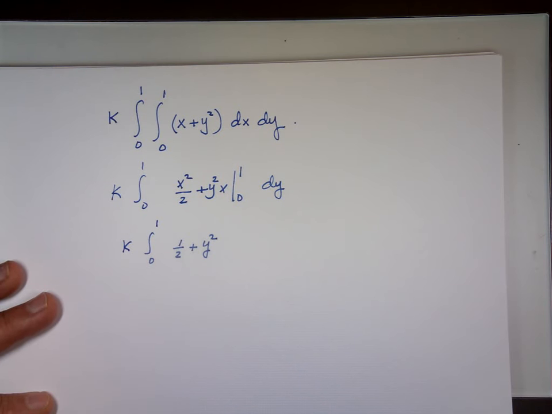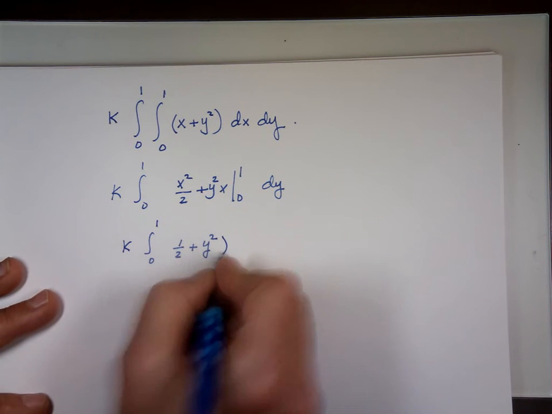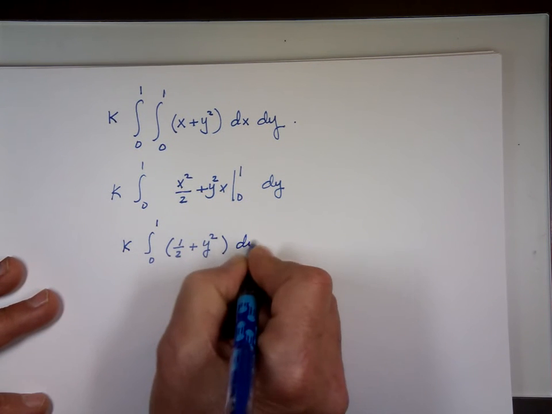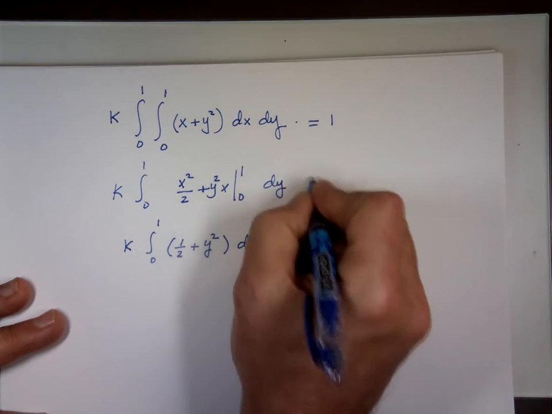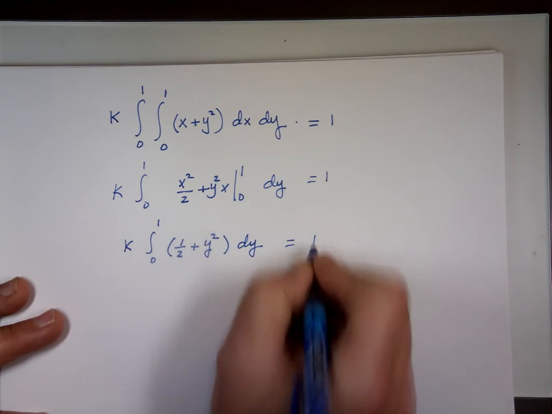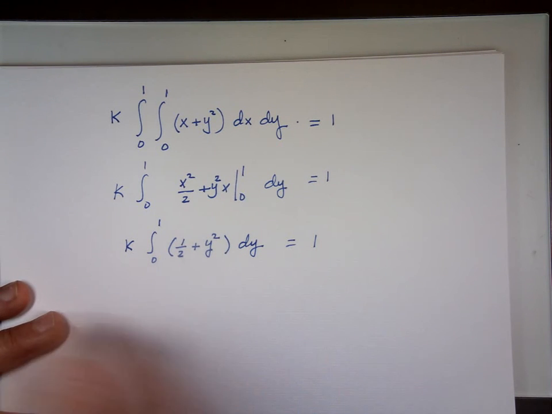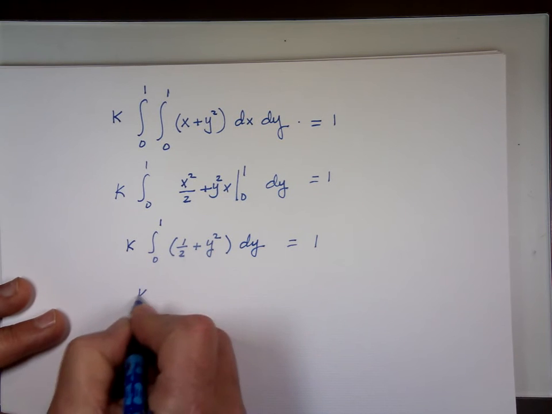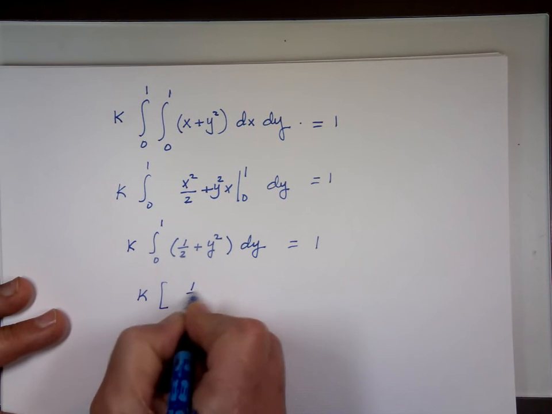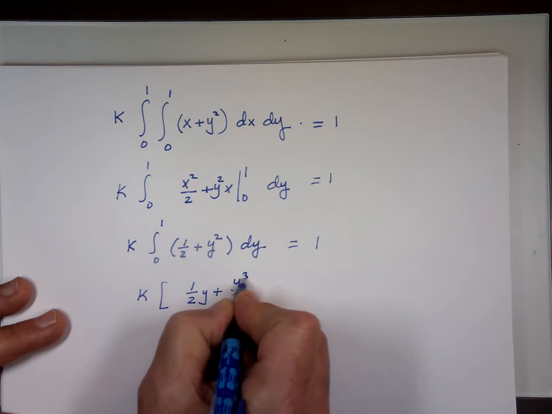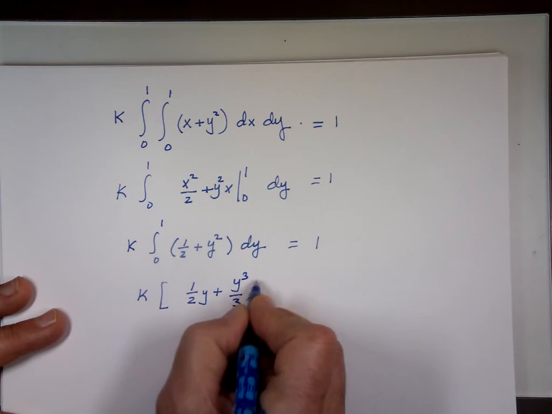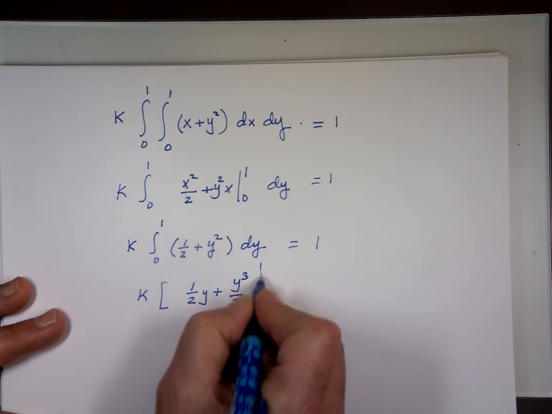When x is 0, that's a 0, dy. And you want to make sure your answer is equal to 1 to be a valid density function. So let's integrate that with respect to y. That'll be 1/2 y plus what? Y cubed over 3 from 0 to 1.